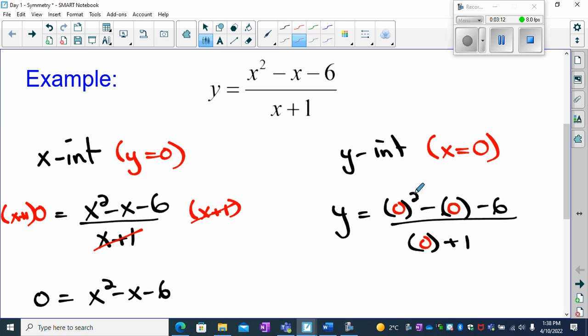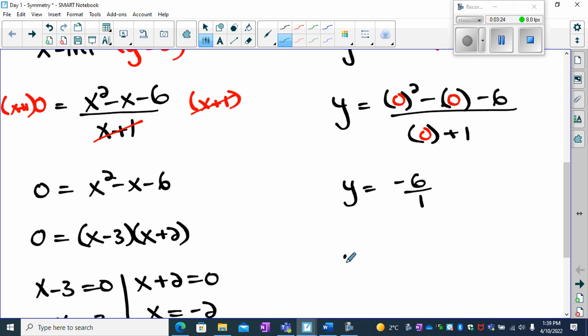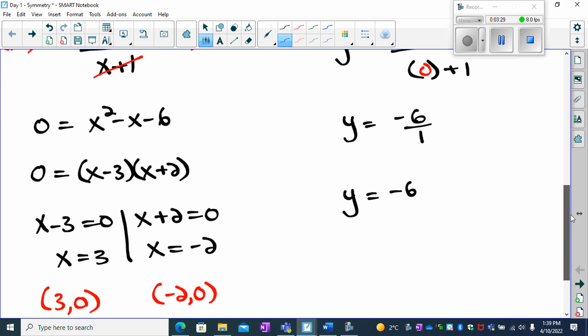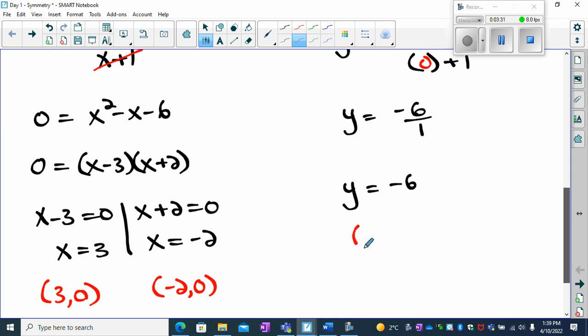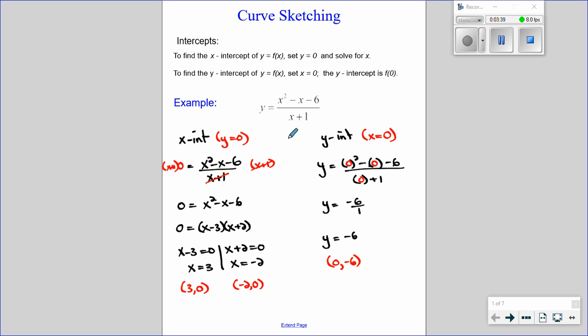So 0 squared, that's 0, minus 0, still 0, minus 6, gives me -6. 0 plus 1 is 1. -6 divided by 1, -6. Now, when I write this as a point, I'm going to write x is 0, y is -6. And that is how you solve for an x-intercept and a y-intercept.